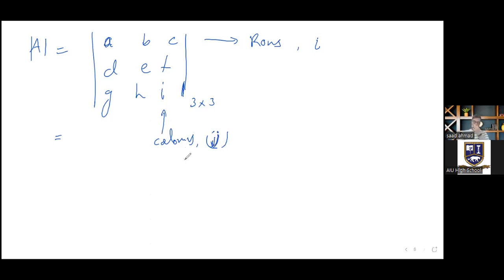Now what we need to do is expand the determinant for 3 by 3. You can start it, you can expand it from any row or any column. You write -1 to the power I plus j.